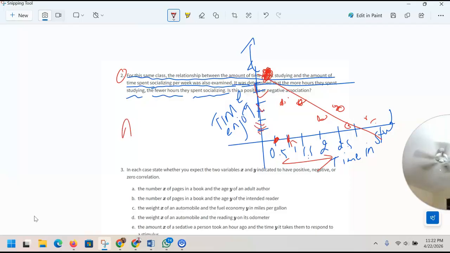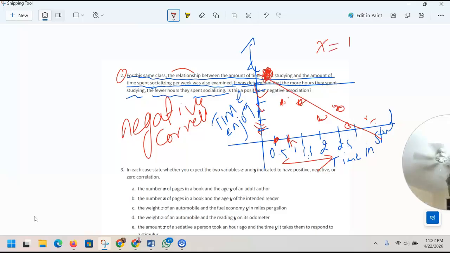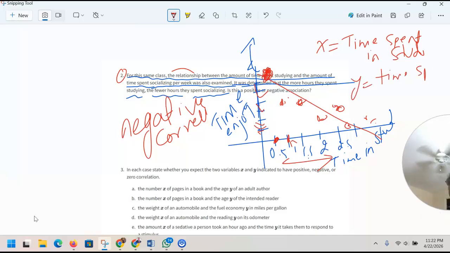So with two variables, x is time spent studying and y is time spent socializing. There is a correlation between them, and they are correlated. That's the main thing.